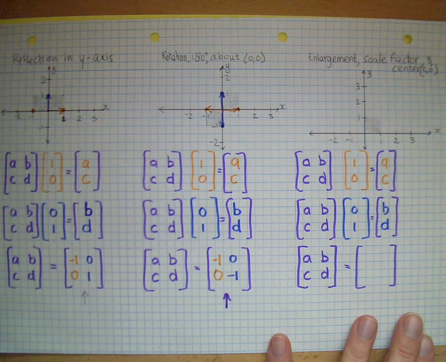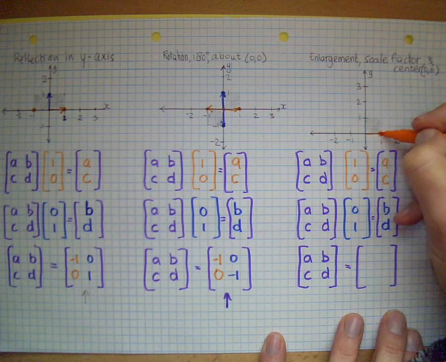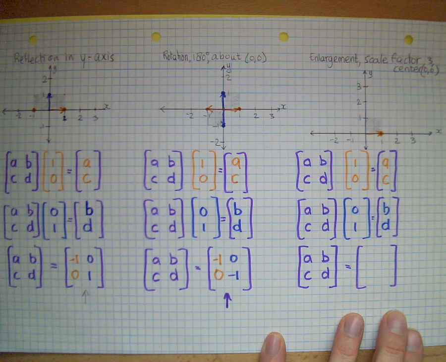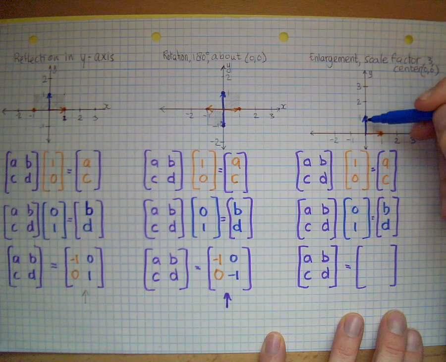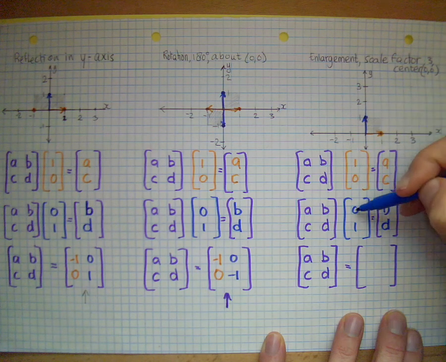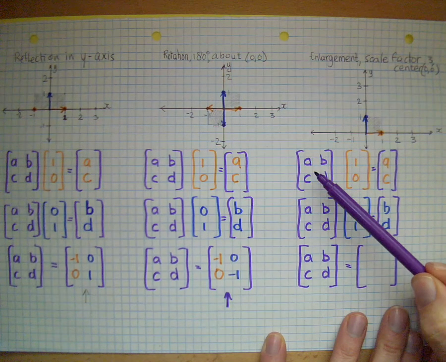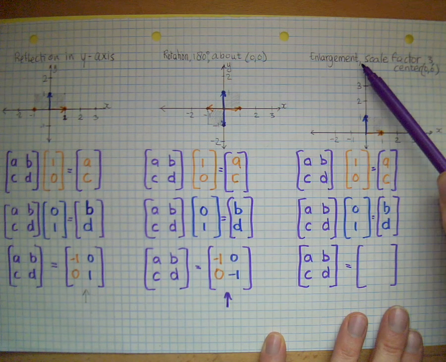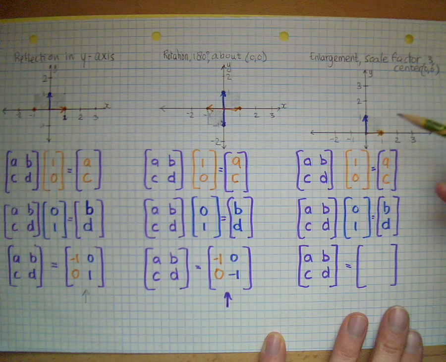Let's do one last one. Once again, this is our orange vector, 1, 0. This is our blue vector, 0, 1. We're going to enlarge it by a scale factor of 3, from the origin.